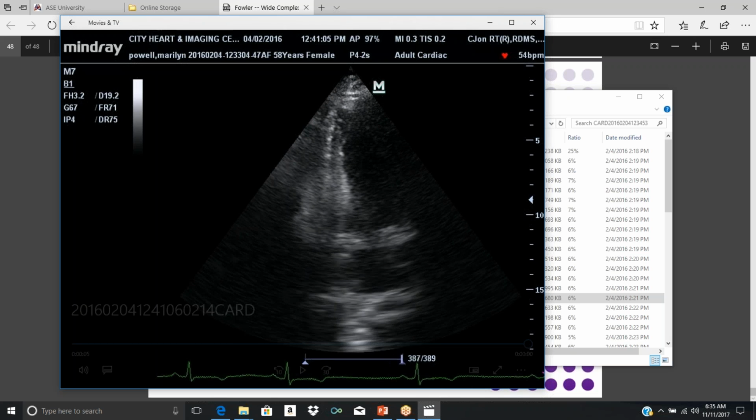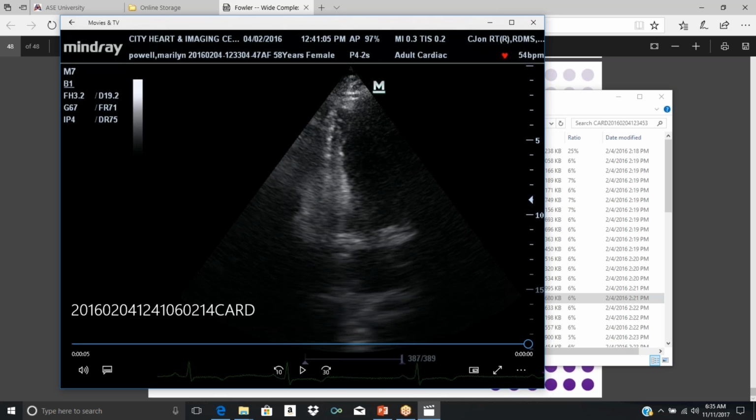So this is your 2-chamber view. So you're in the apical 4-chamber view position, and you're going to rotate counterclockwise just a little bit. When you're doing your echo, once you start practicing, you just look at your screen. You usually don't look at the patient to see what you're doing.